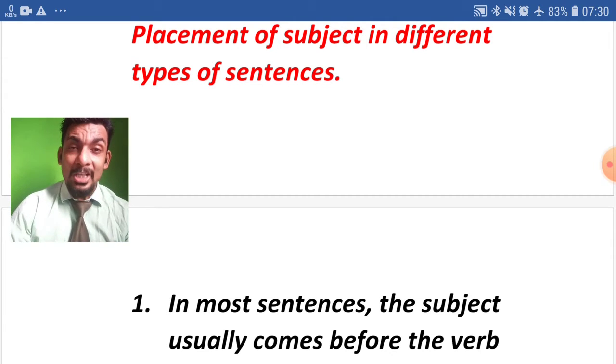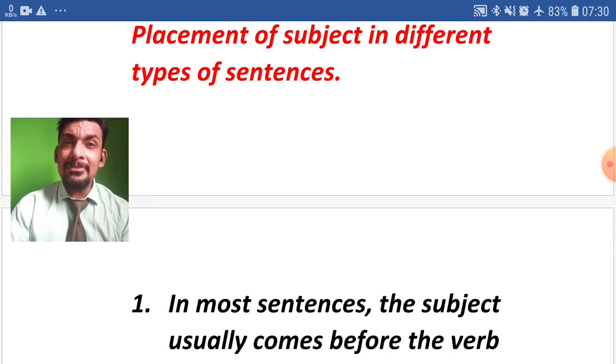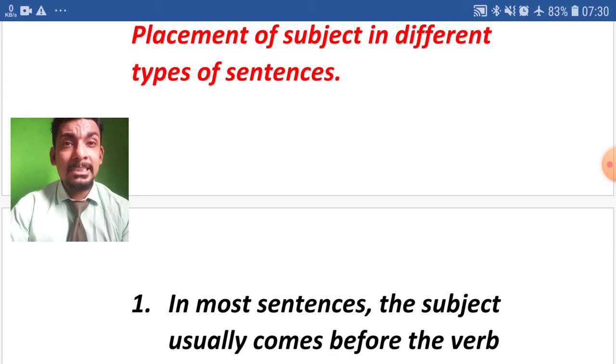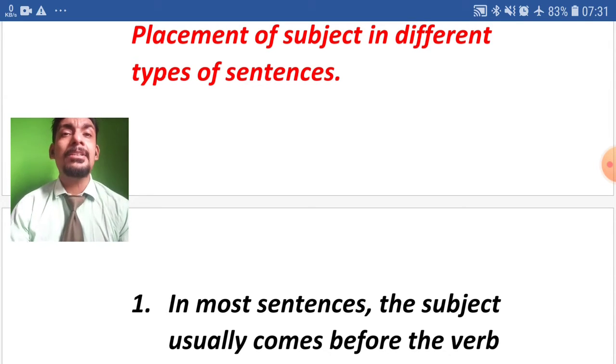This was the recap of the previous lecture that we did in part 1 of this chapter. And I promise that in the next part, I am going to teach you the rules of placements of subjects in different types of sentence. Means how we can place different subjects in different types of sentence.